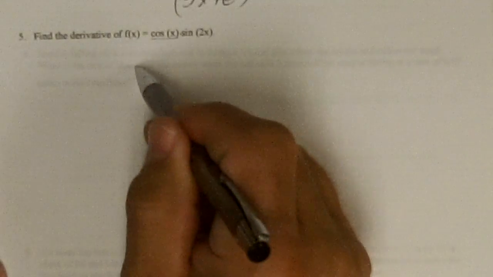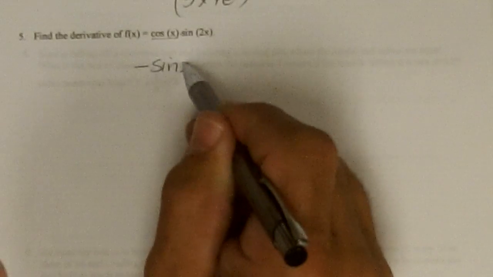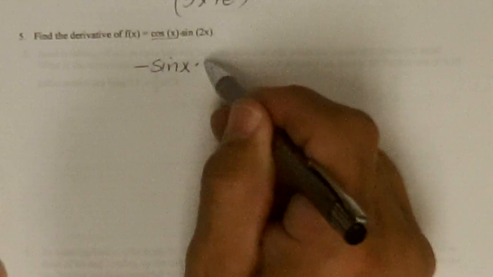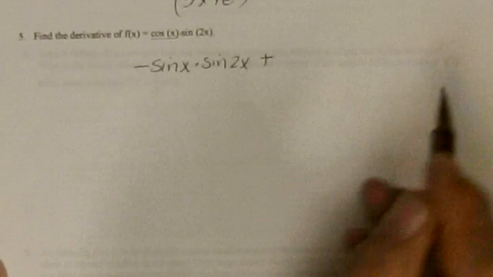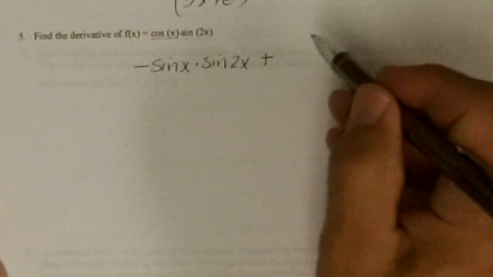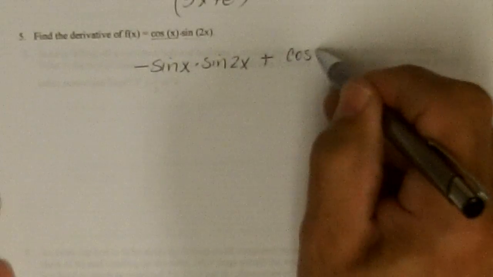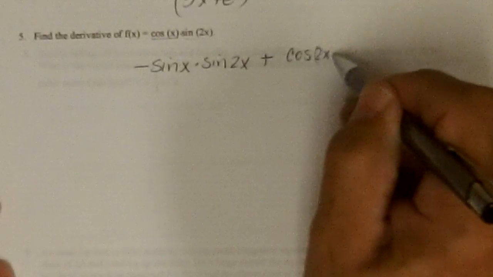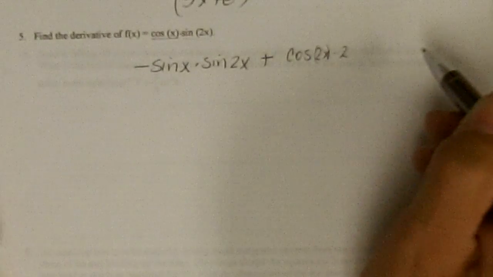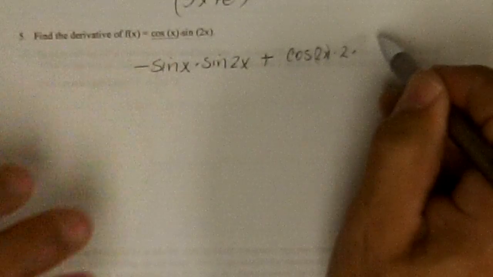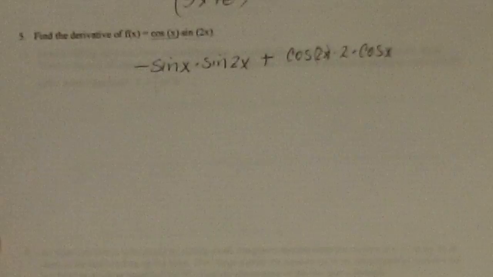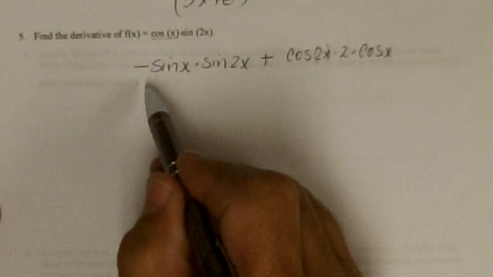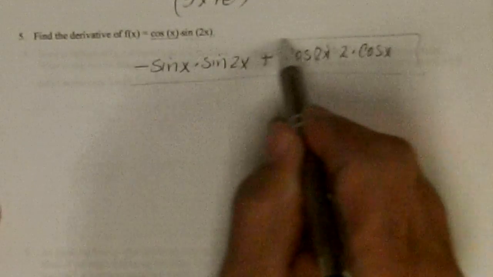So I'm going to have to do the derivative of cosine x, which is negative sine x times sine 2x plus the derivative of the second, so that's going to be cosine 2x times the derivative of 2x, which is 2, using the chain rule on that, times the first. And that's all I really need to do. This one won't clean up very well, so we'll just leave it like that.